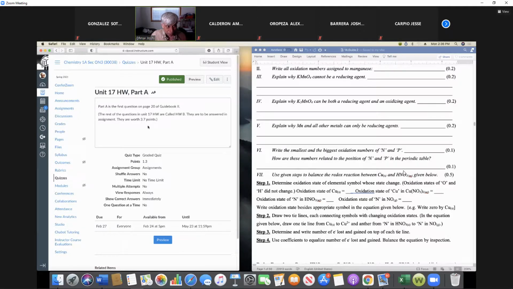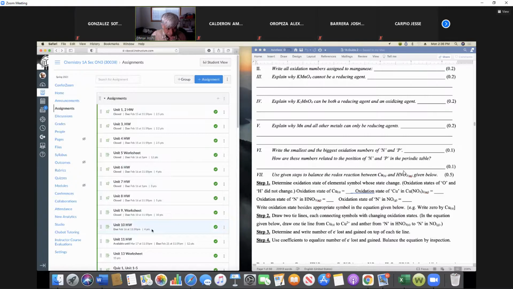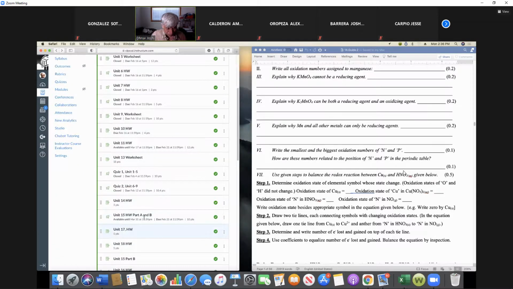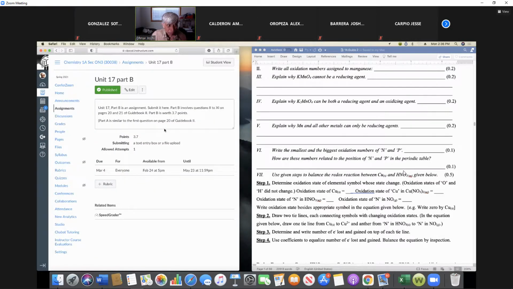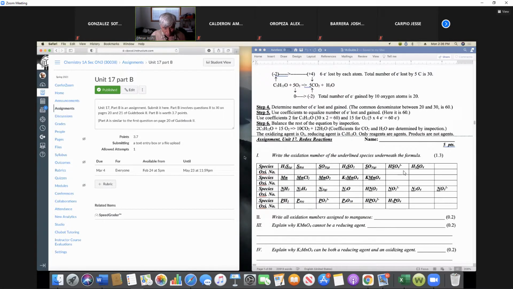And then part B is right there, and it is the assignment. Part B involves questions 2 to 9. Question 1 is not part of part B. This question here is not a part B question, which you already did in part A. So why should I have you do that? That's why it's not there.